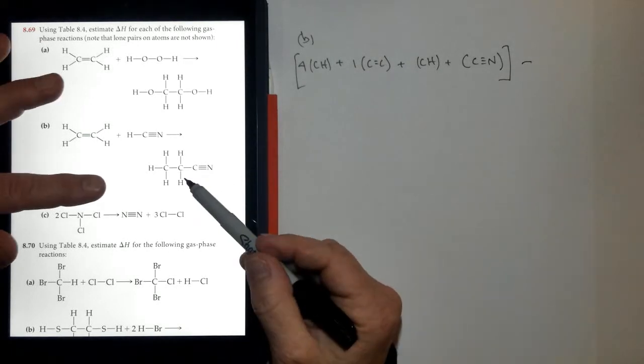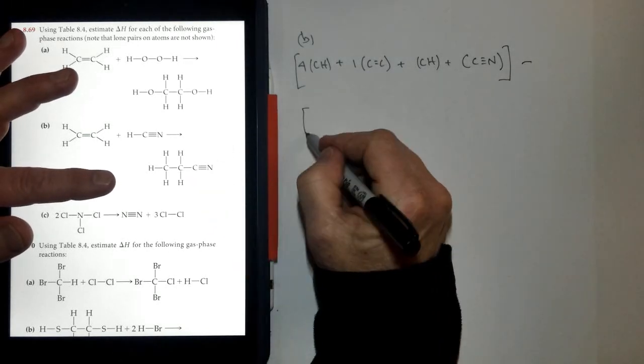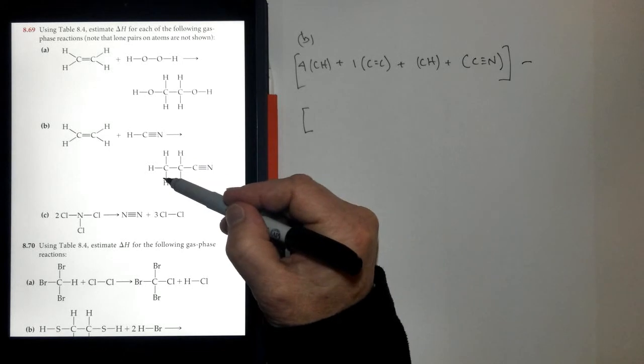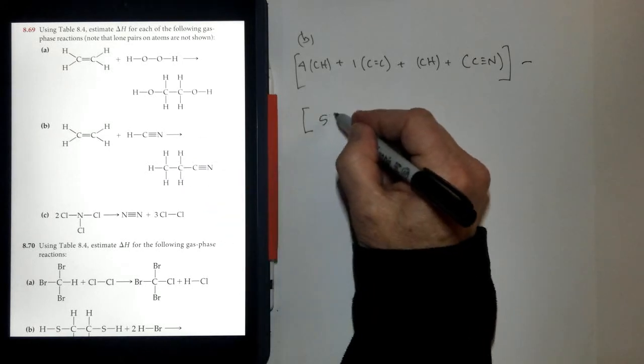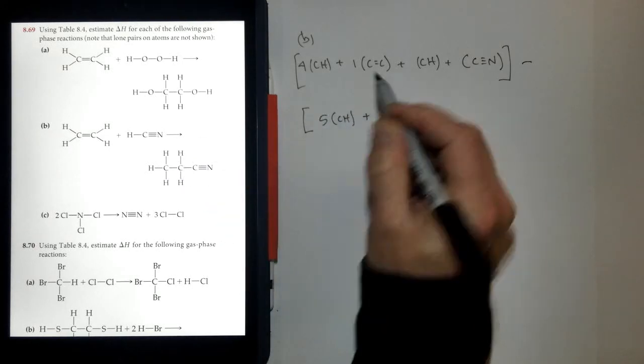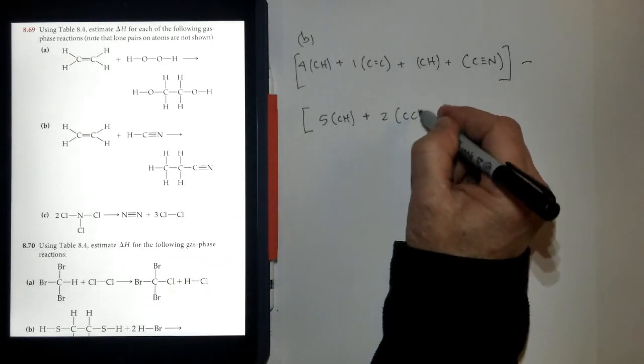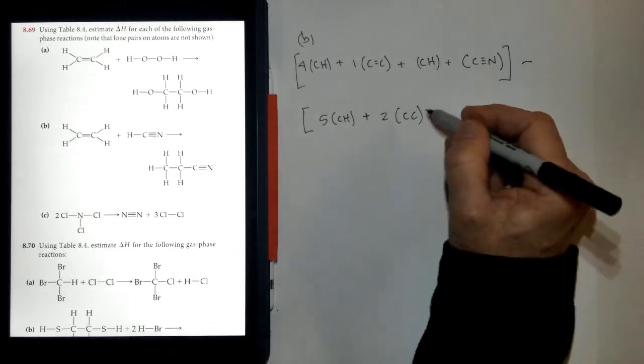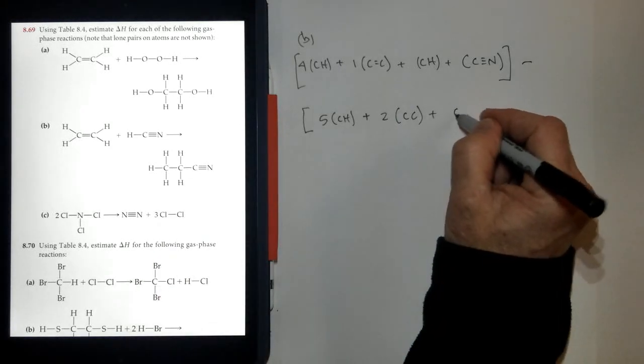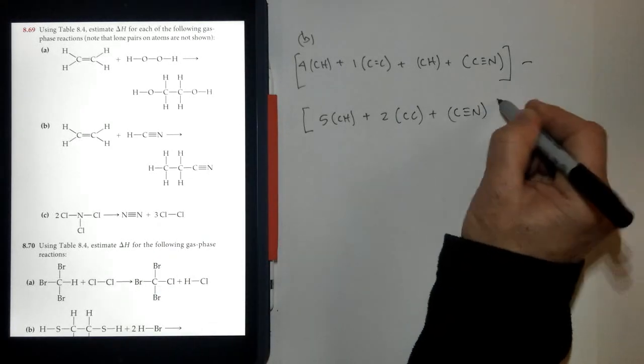And then down here, the bonds that are formed would be 1, 2, 3, 4, 5 carbon-hydrogen bonds, a carbon-carbon single bond, 2 of them, right here and right here. And then lastly, we have a carbon triple bond nitrogen.